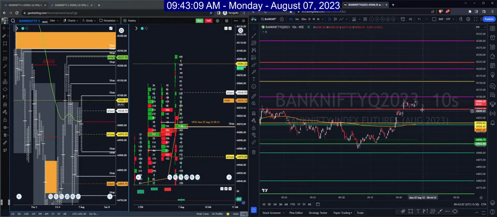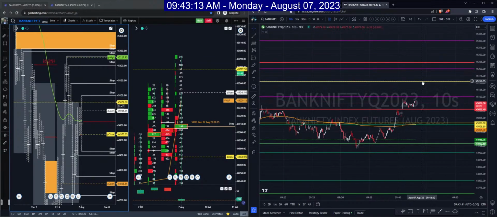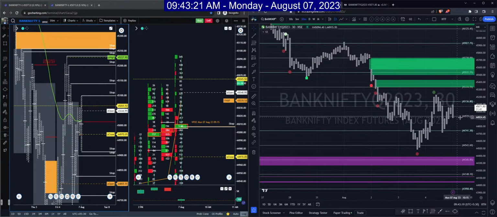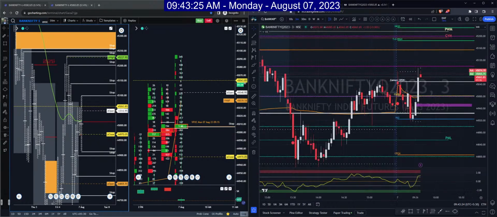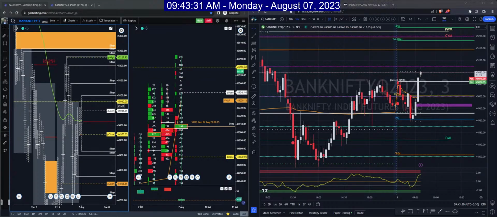So we are developing above value. 45,100 is where there are stops, followed by 156, 200 and 225. These are the three zones where I'm looking for supply. We looked below and failed, and I'm looking for continuation higher. Let's see whether we get that or not.